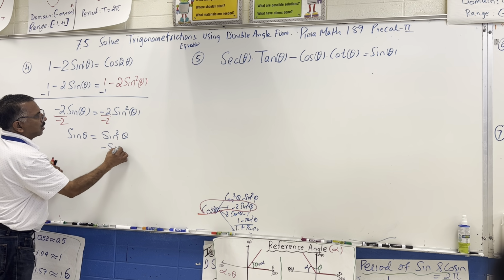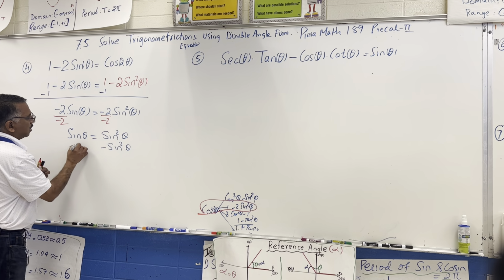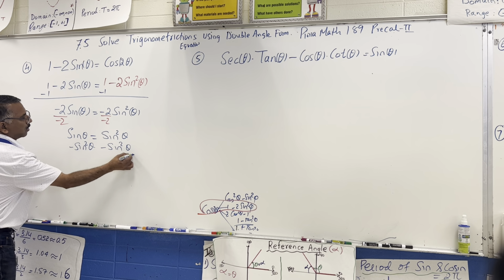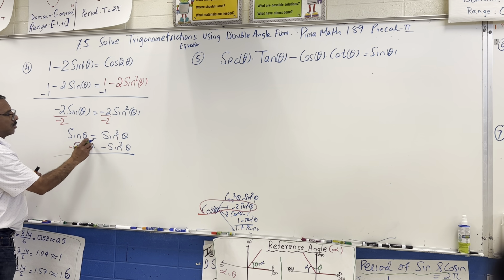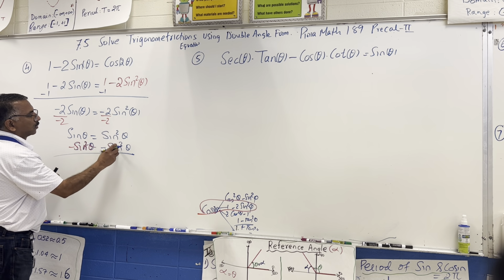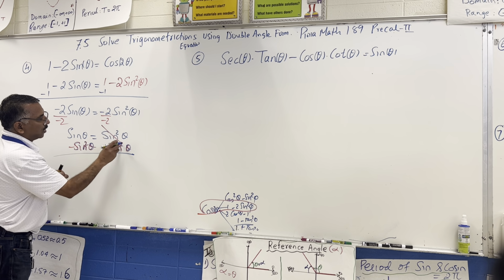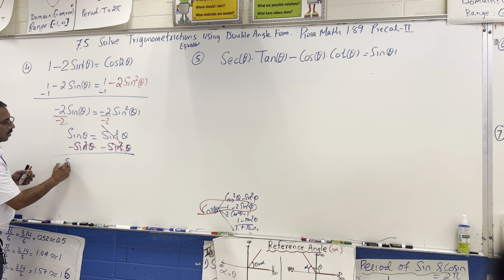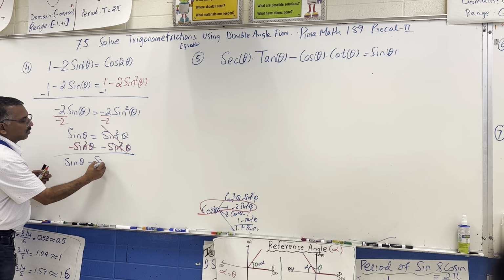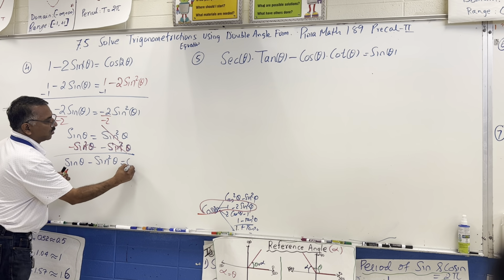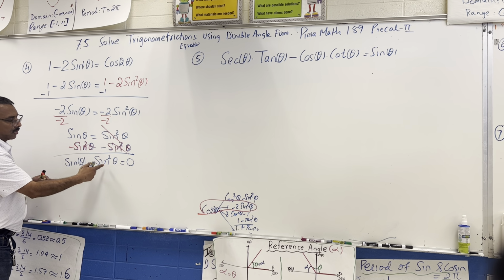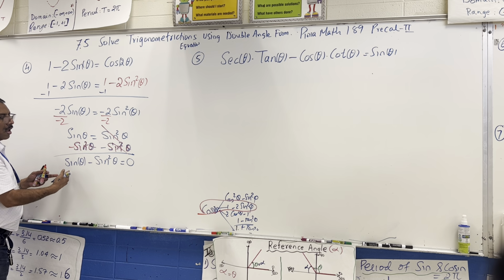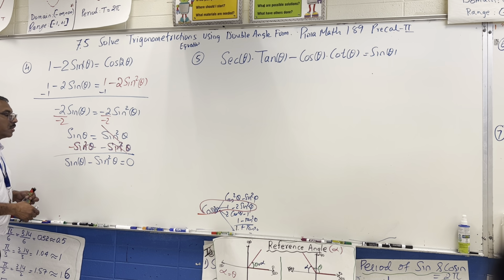Then you subtract sine square theta from both sides. So this goes away, and you're left with sine theta minus sine square theta equals 0. Now there are two sine thetas here, so we apply the undo distributive property.